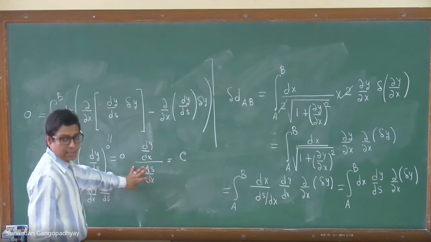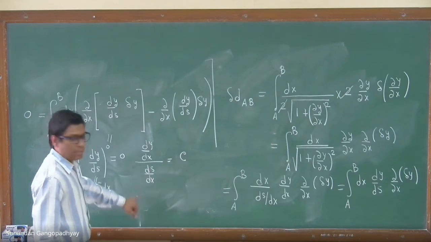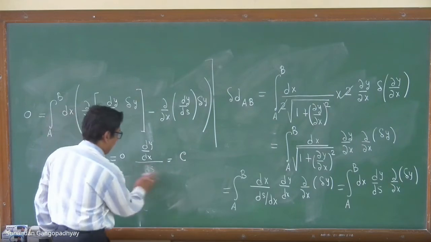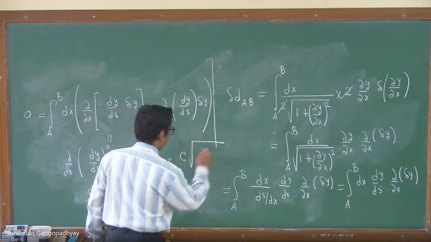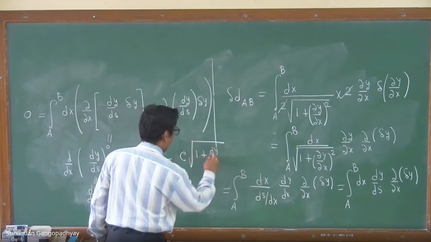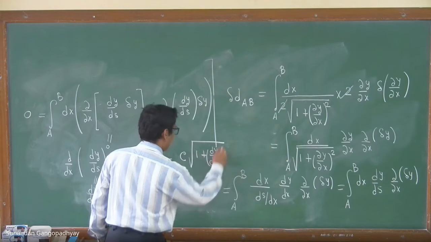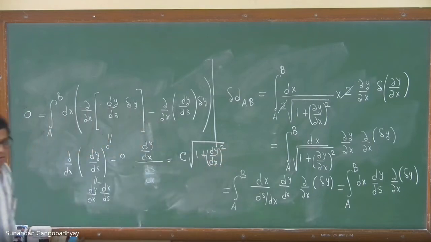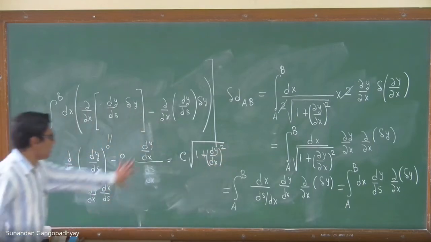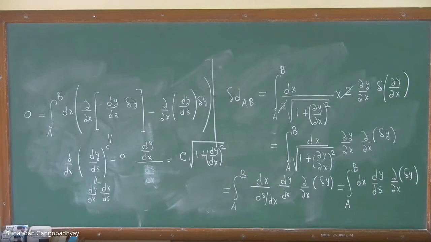You know what dx is, right? If you solve, you will get dy dx is equal to constant. That is fine. And therefore y is equal to mx plus c.